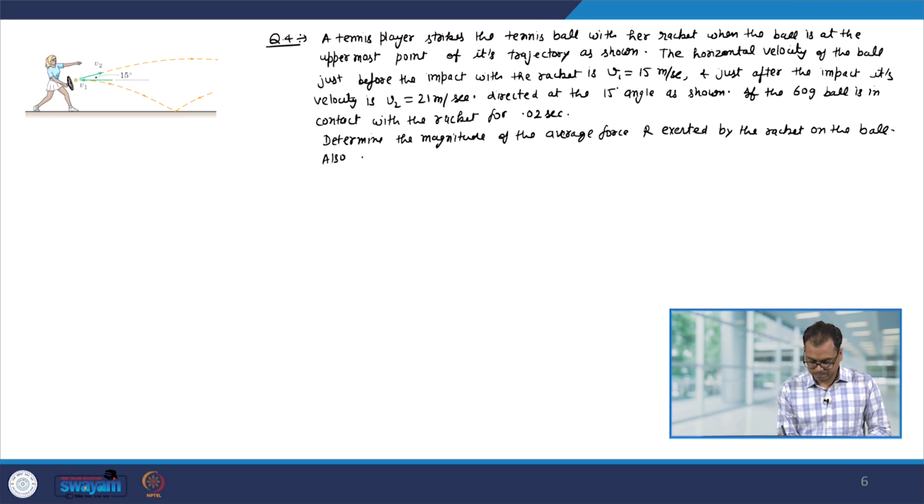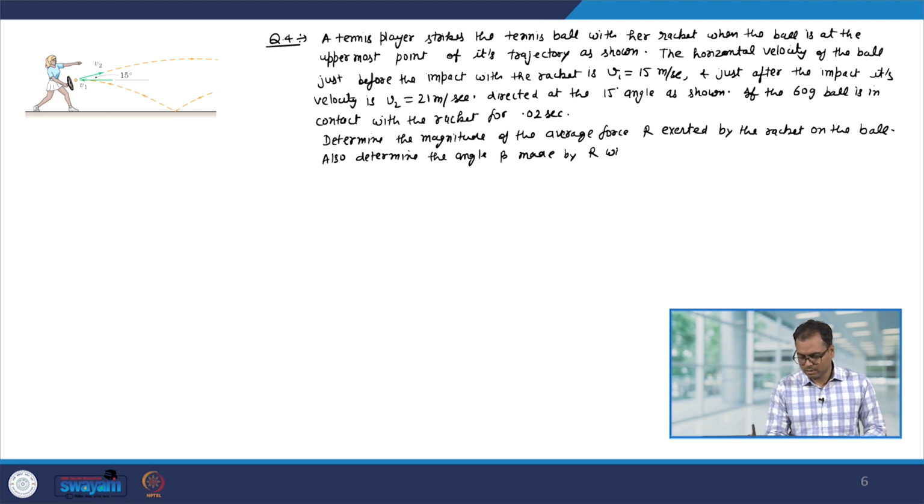Also determine the angle beta made by R with the horizontal.